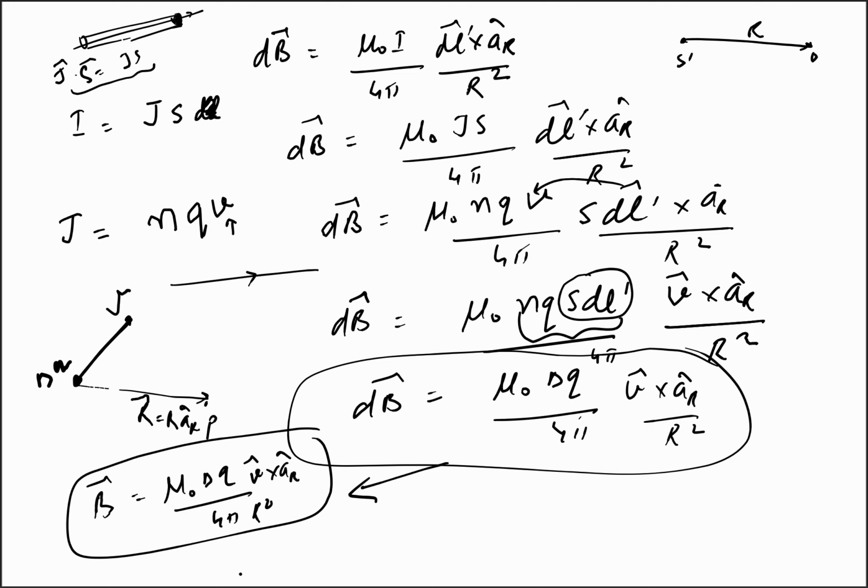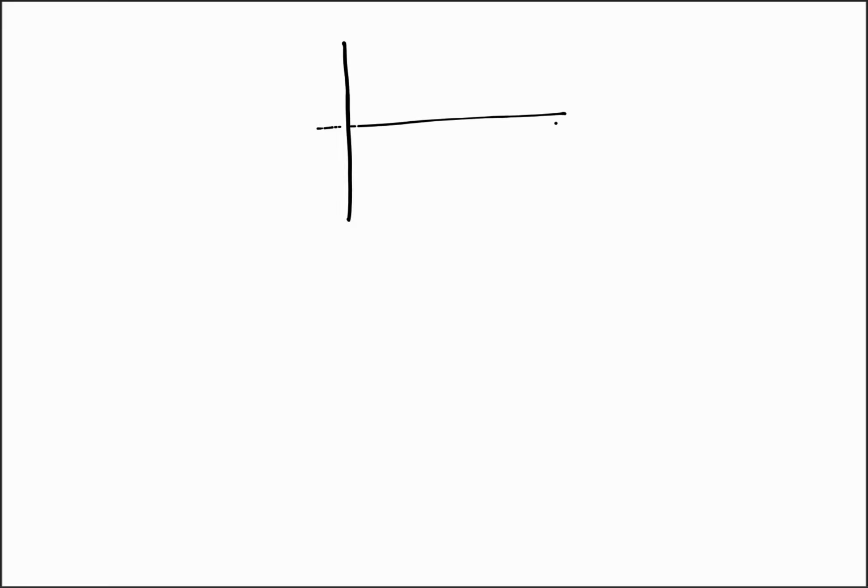Now in the next slide we will solve a numerical example for finding the field of a finite length wire. So let us see what the question is. We are given a wire of length 2L, and we need to find the magnetic field because of this current carrying wire. The current is in the Z direction. We need to find the field at this point P, which is at a distance r from the center of this wire.